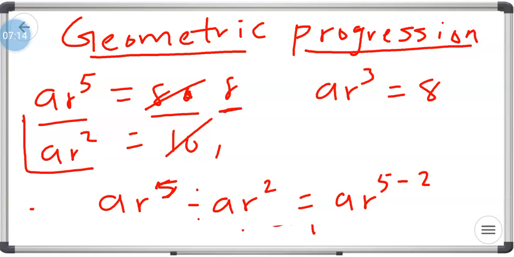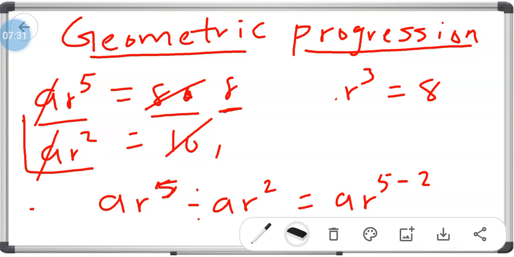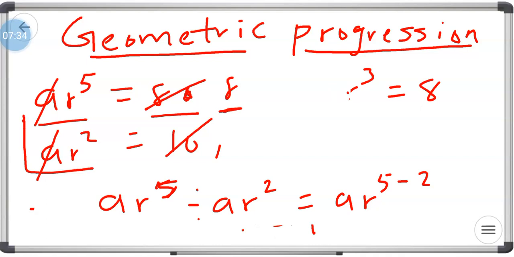But don't forget that our a here can cancel a here, and we'll be using r raised to 5 and r raised to 2. So here we should be having r cubed equals 8. The law of indices talks about a particular letter raised to a certain index.